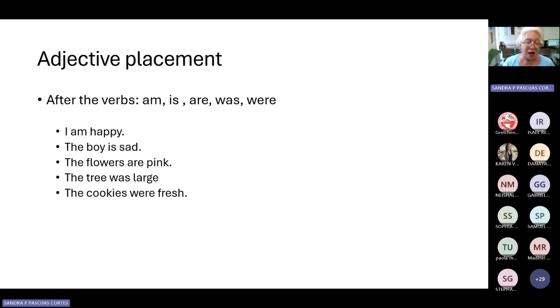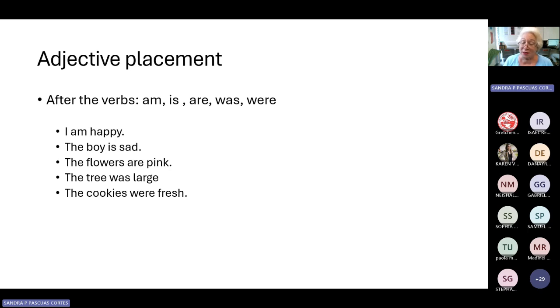For example, I am happy. The boy is sad. The flowers are pink. And pink is singular. Flowers is plural, and pink is singular. The tree was large.